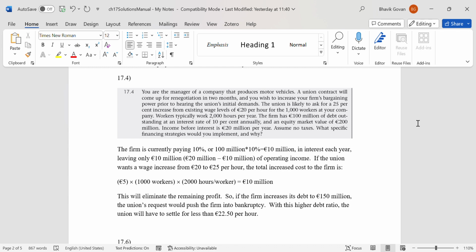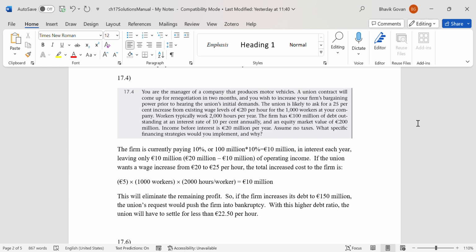If wages were to increase by 10 million, the money would need to come from somewhere, so it would be taken out of the operating income. They say that this increase of 10 million will basically eliminate the remaining profit.